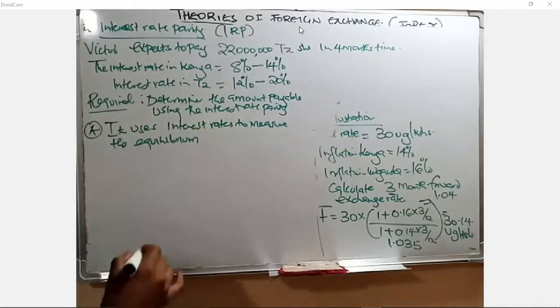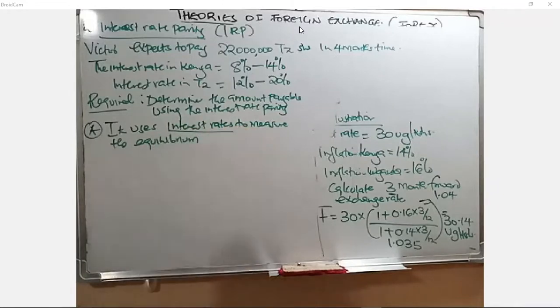Remember the first one, we were using the inflation rates. This one, you are going to be using the interest rates. Because it is not something that is difficult, let me give you an example here.